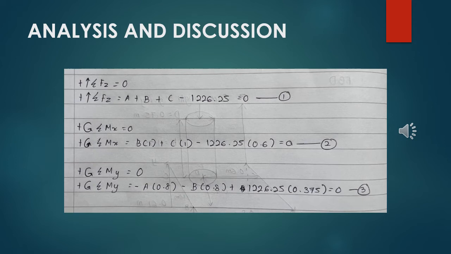And we can also get the third equation, anti-clockwise summation moment y, which is negative A times 0.8 minus B times 0.8 plus 1226.25 times 0.375.